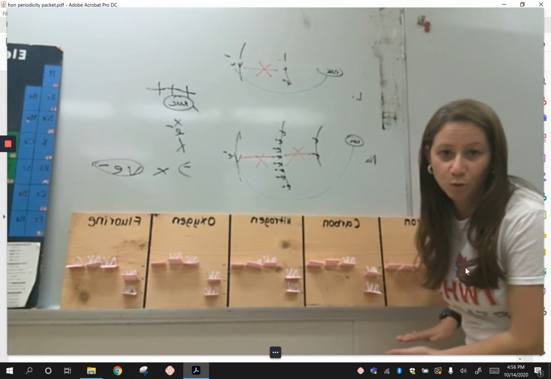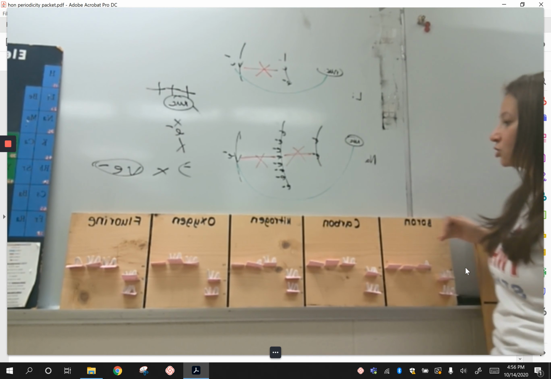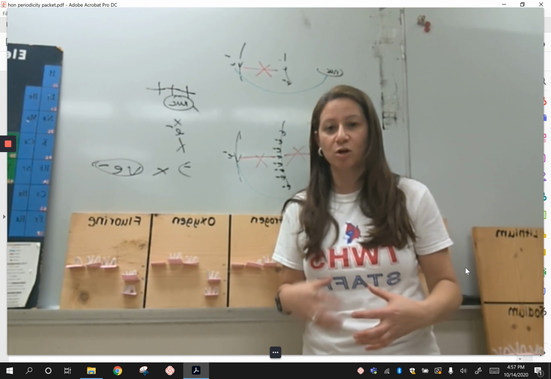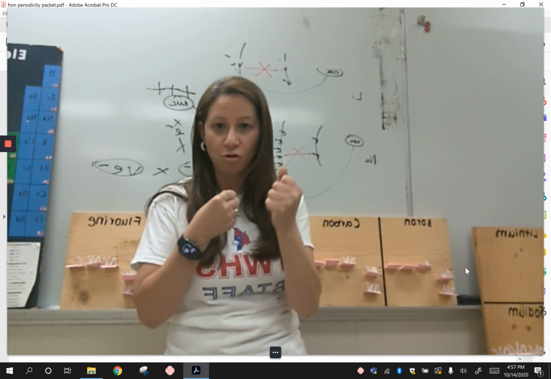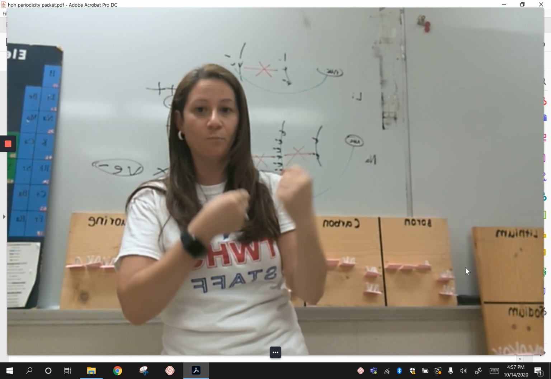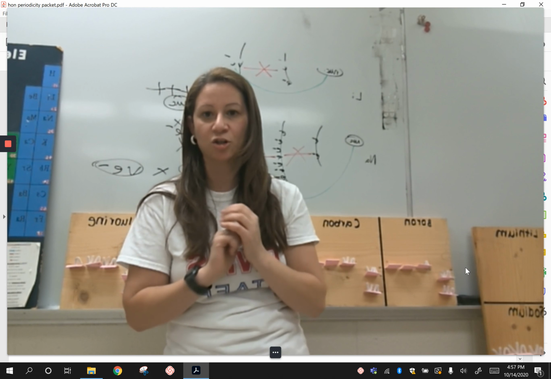You do have extra protons in the nucleus, more positives to attract those electrons. And so as you go across a period, your attraction, your Zeff, your net attraction between the nucleus and the electrons gets stronger and stronger. And so that nucleus pulls the electrons towards it more and more. And so your size gets smaller and smaller because the attraction is increasing.